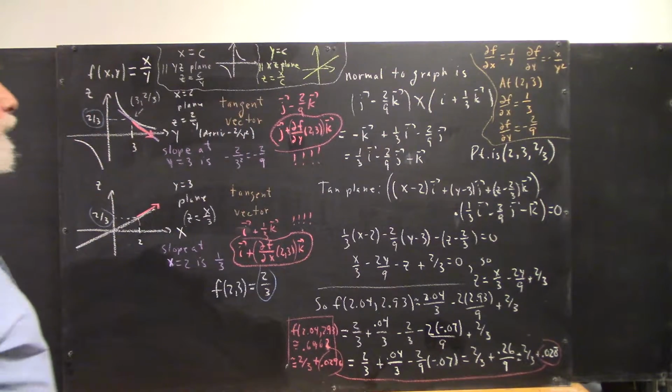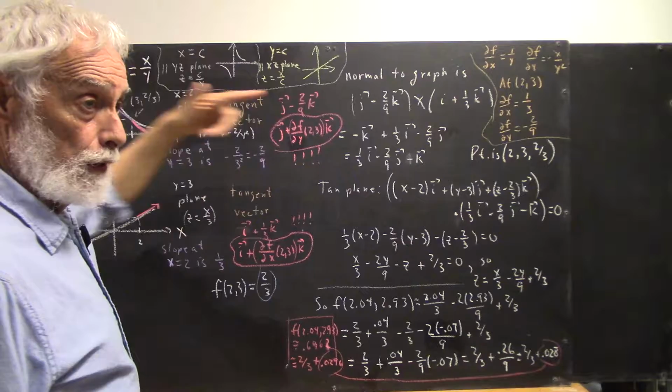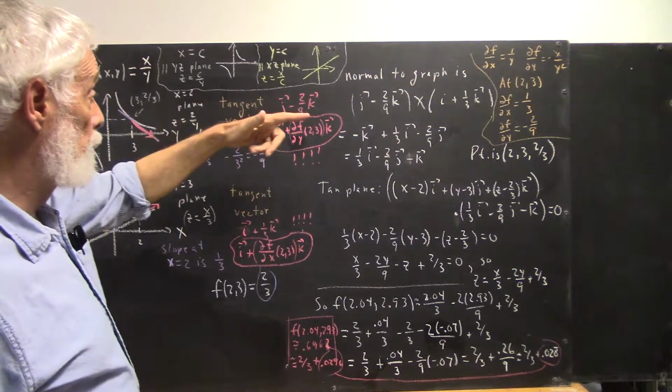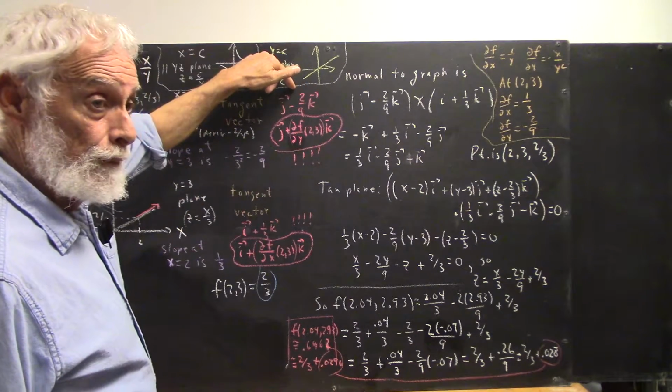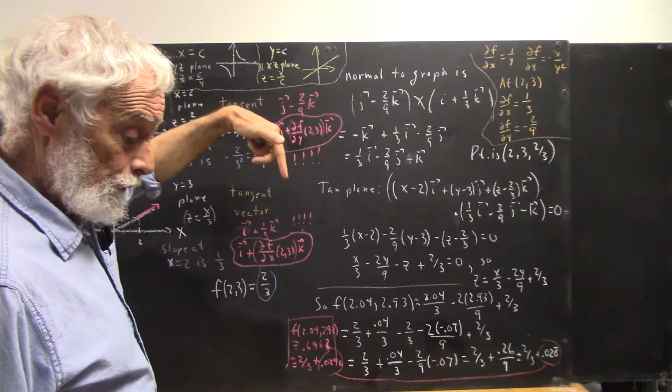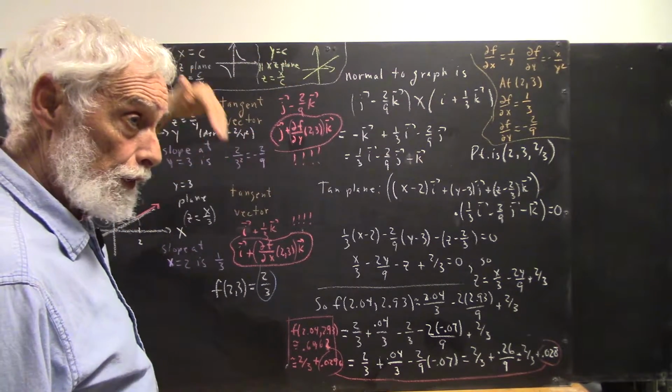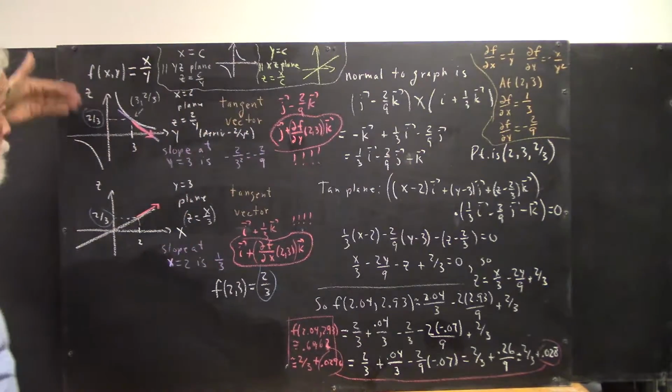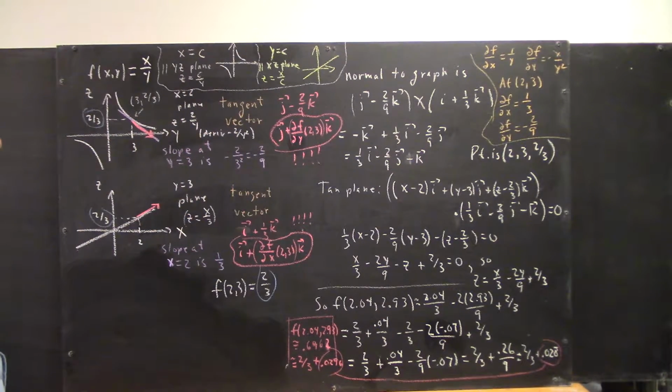This motivates the vector j minus 2/9 k: 1 unit in the y direction, 2/9 of a unit in the perpendicular direction, the direction of the rise on this graph.